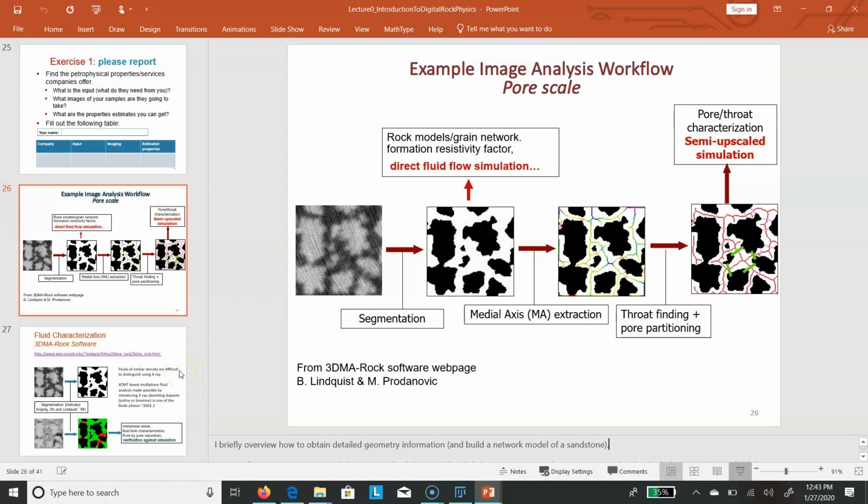So then you try to identify where those phases are, and that's also a segmentation problem. And you can now quantify fluid saturation on the pore scale directly from images. This is an ability that showed up roughly in 2001, 2002. And from there, you can also use images like this against simulation.